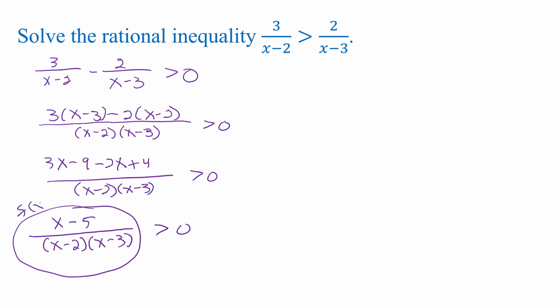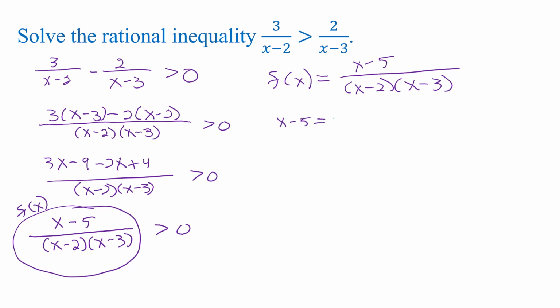And now we can grab this rational expression on the left side, give it the name f of x, so we have our function f of x equals x minus 5 over x minus 2 times x minus 3. And I set each factor in f of x in the numerator and the denominator equal to 0 to get x equals 5, x equals 2, x equals 3.